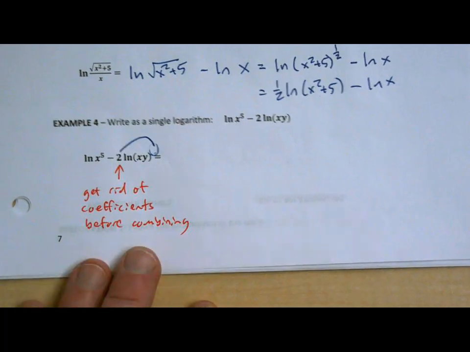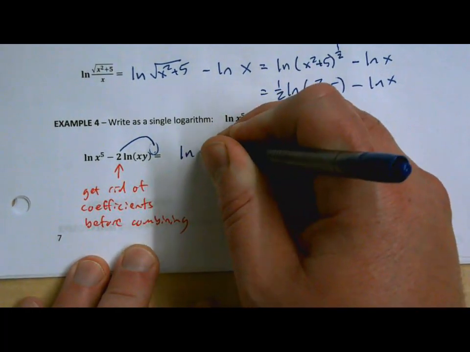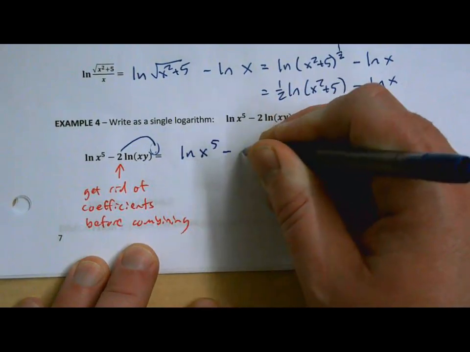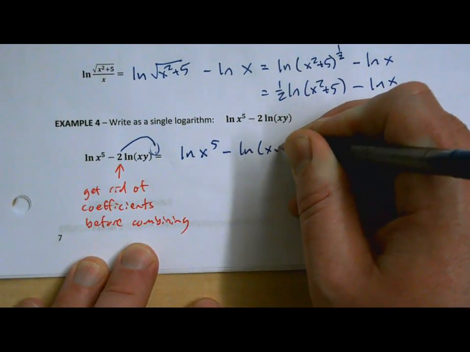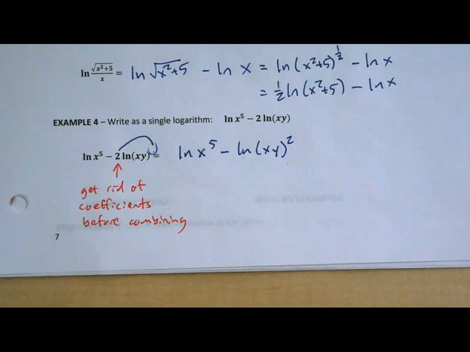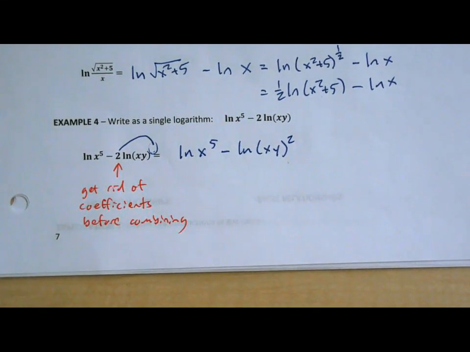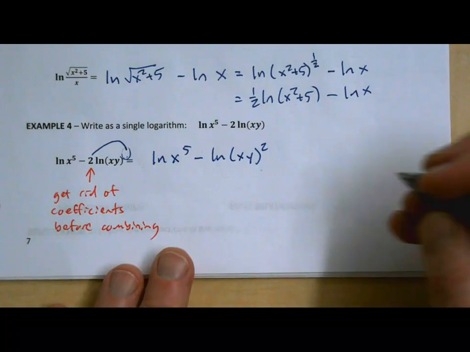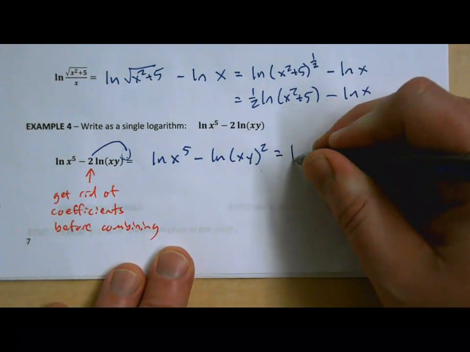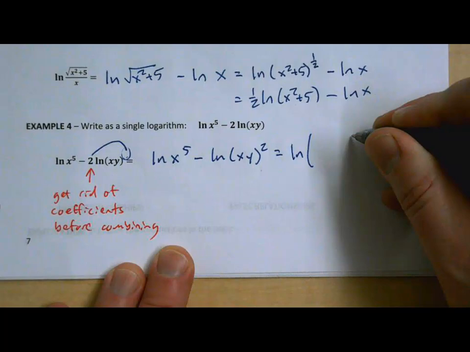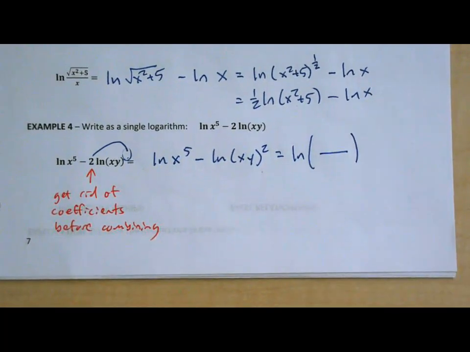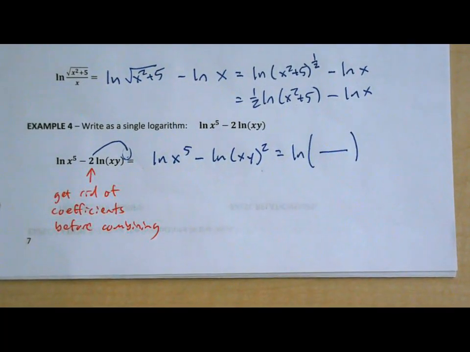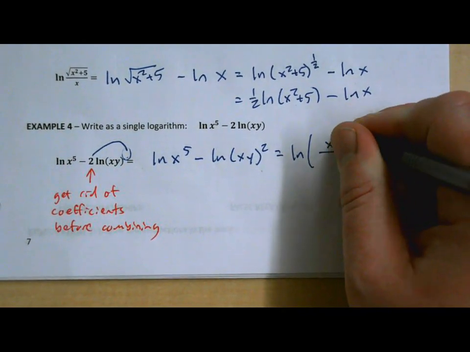So let's rewrite this first without coefficients. And then we can combine these two things into a single log. Since it's subtraction on the outside translates to division on the inside. Go ahead and write that down and then simplify it.